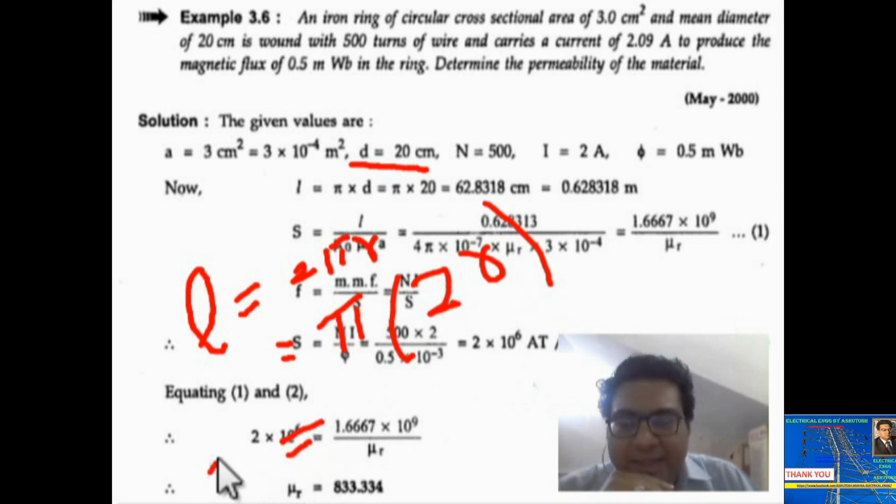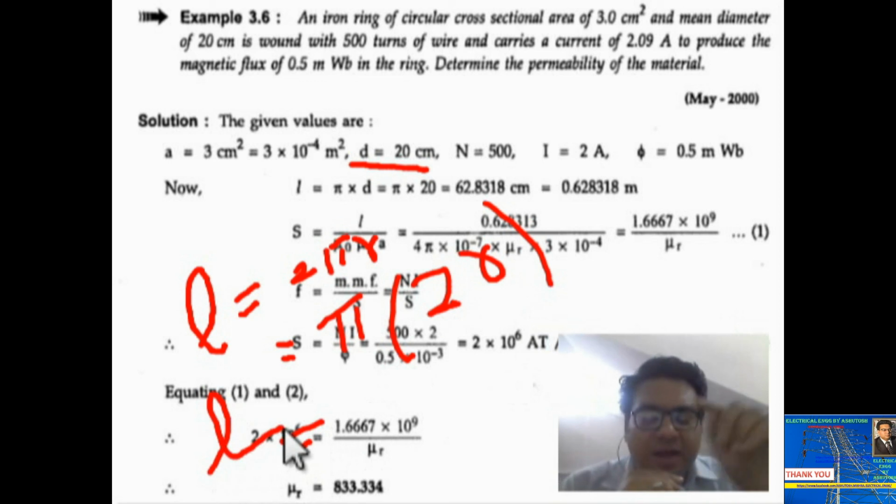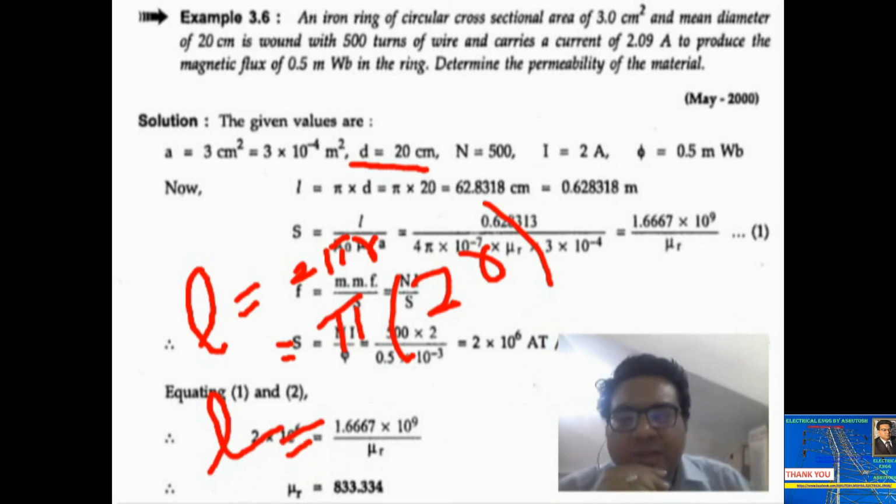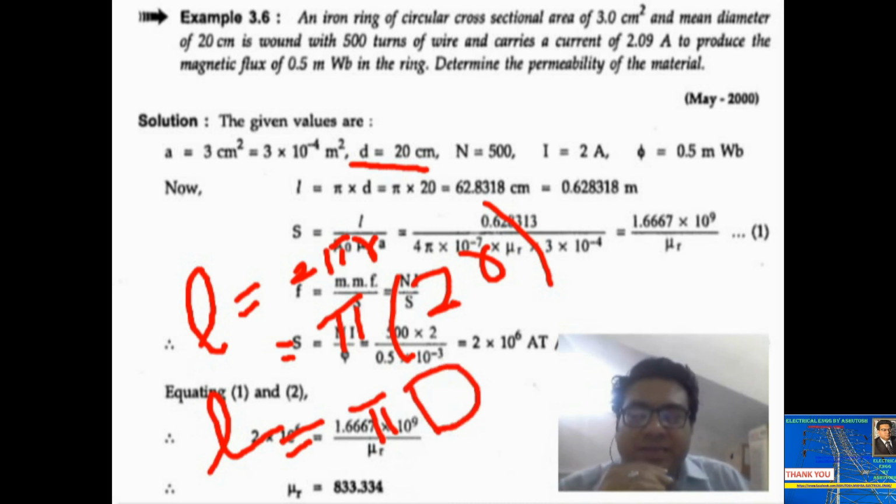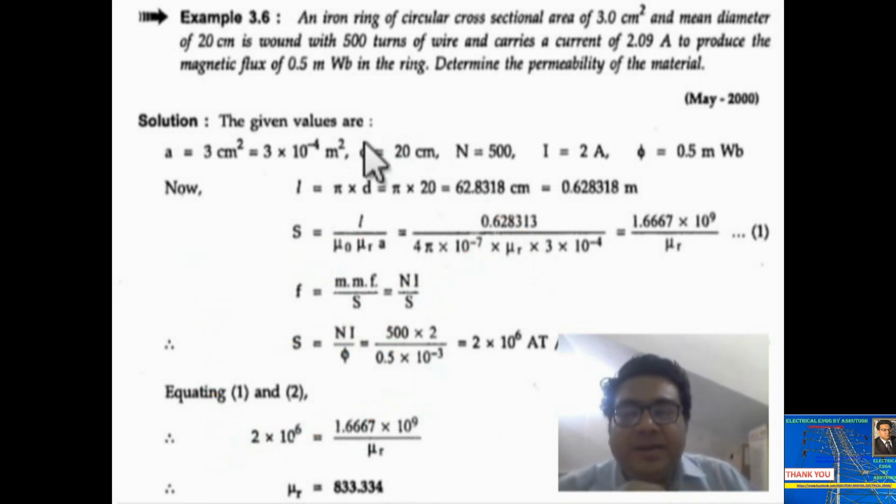So the length of the circumference of the circular iron ring will be equal to pi into D, and D is diameter. You can see here the same formula is used. This is the mean diameter, 20 centimeter. So we can find out the length of circumference, pi into D.